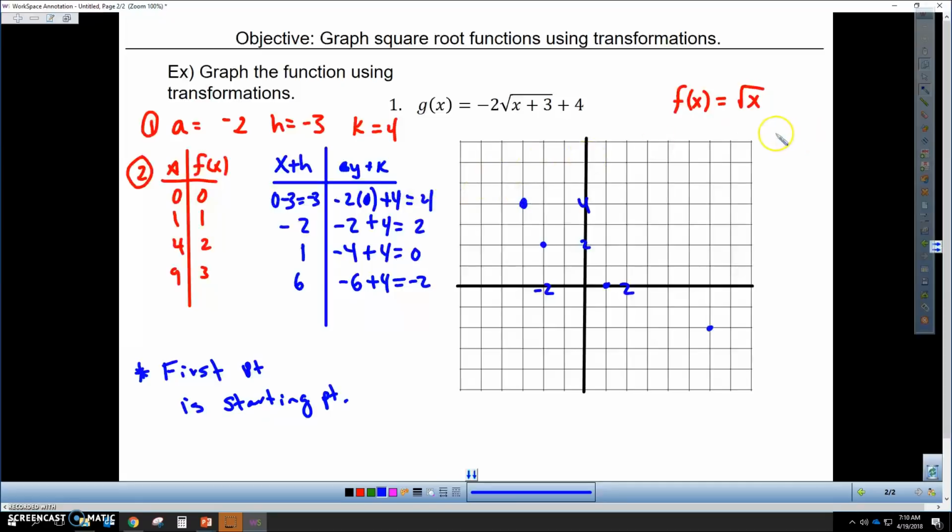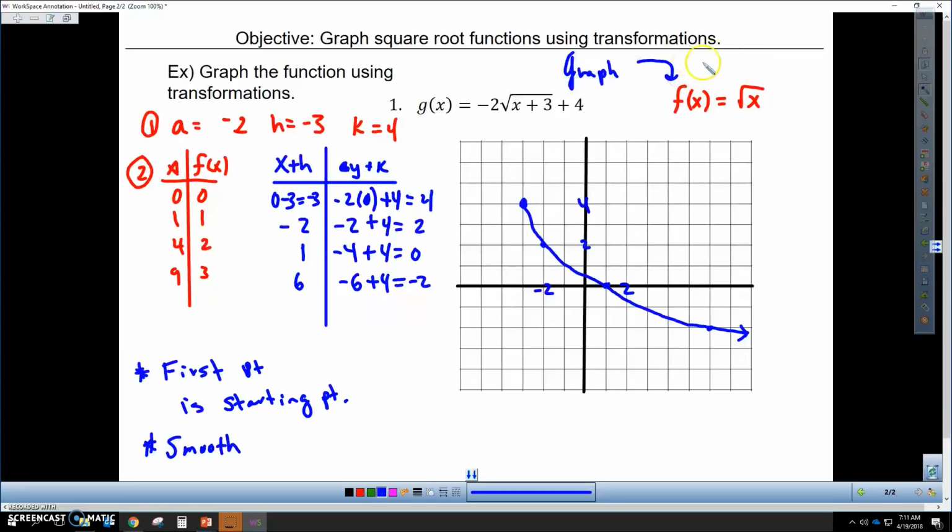We'll start here, and I'll do my best to attempt a smooth curve, and you have an arrow at the end. I mentioned this, and it says it in the notes: you want a smooth curve. It's not connect the dots.